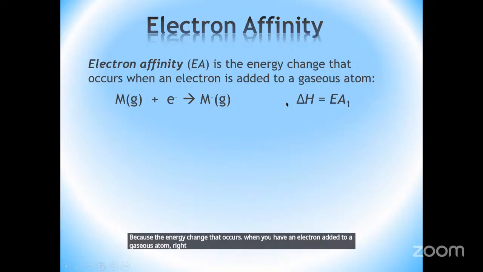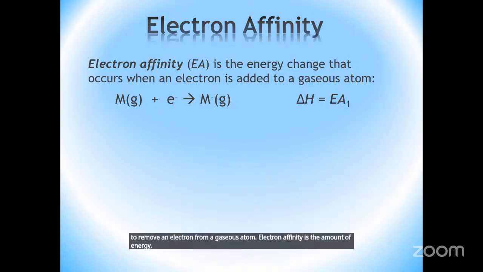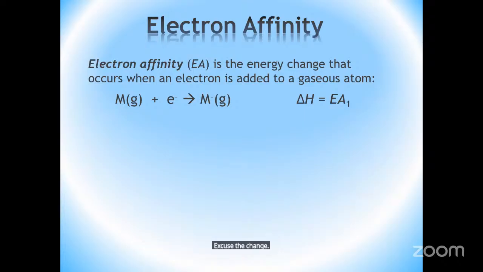This is kind of like the opposite of ionization energy, because remember we said that the ionization energy of an element is the amount of energy needed to remove an electron from a gaseous atom. Electron affinity is the energy change when an electron is added to a gaseous atom, right?